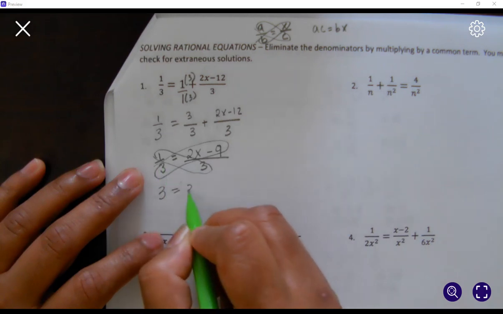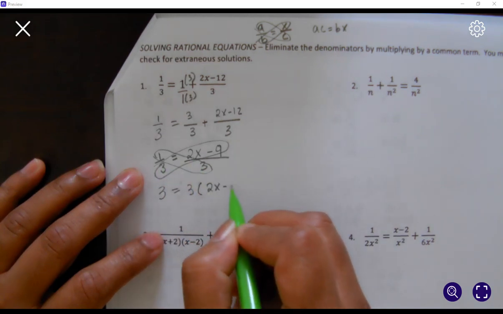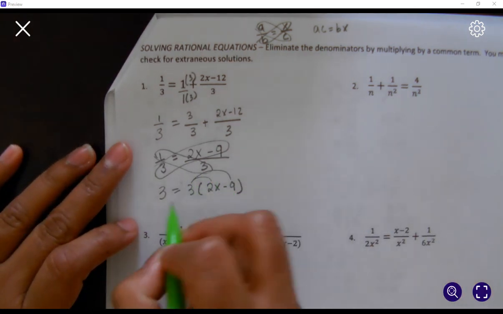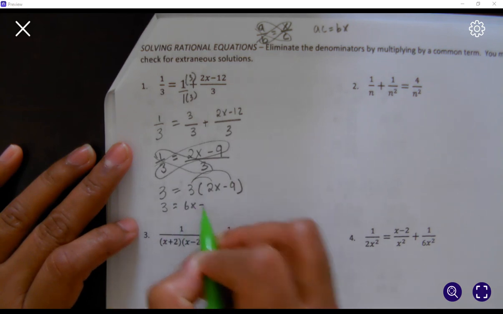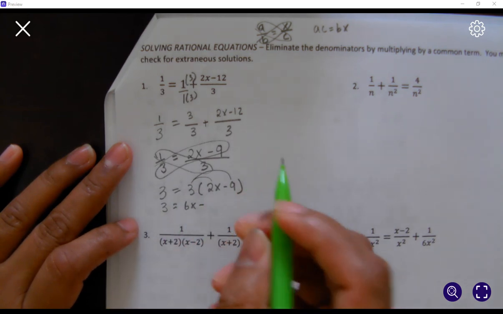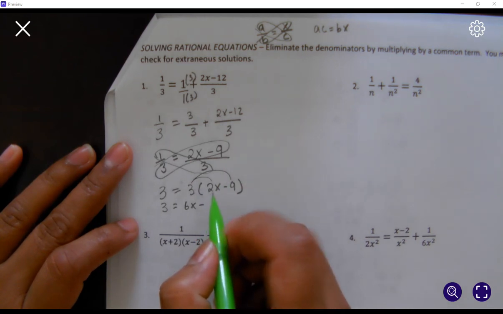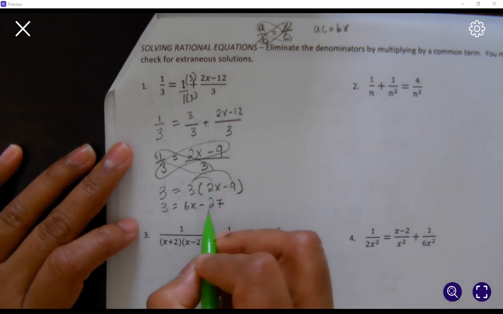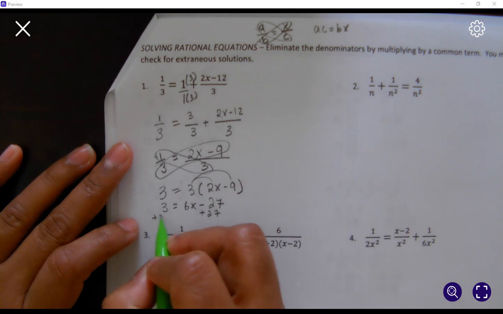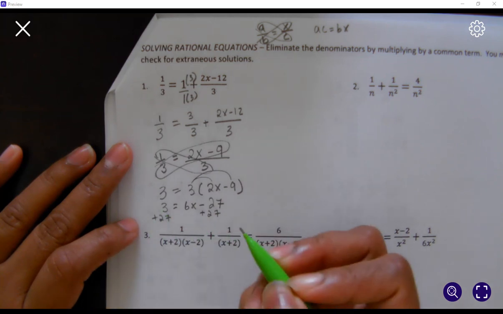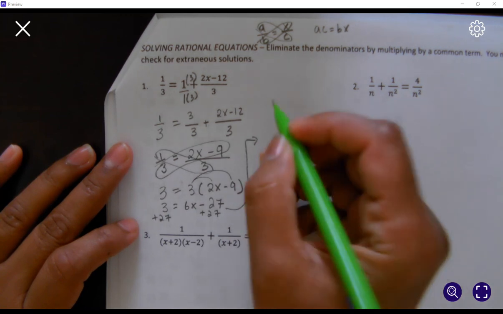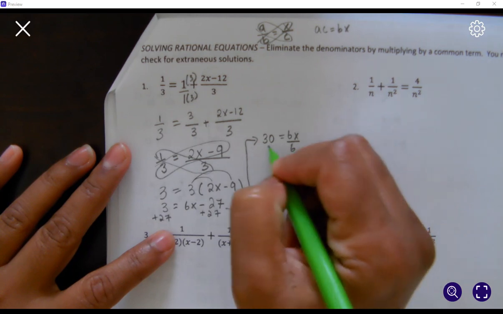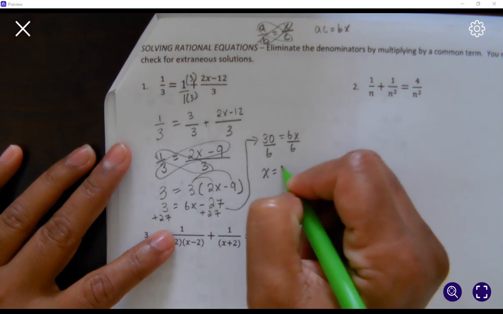So you would do 3 times 2x minus 9, and then here we can distribute the 3, so you have 3 equals 6x minus 3 times 9 is 27, and then just keep solving. So 27 plus 3 is 30 equals 6x. Divide by 6, divide by 6, you have x equals 5.